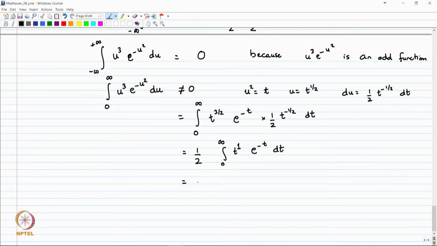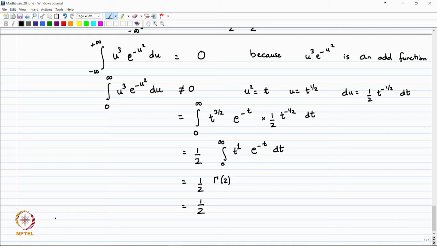This is half gamma function of 2, and gamma function of 2 is just 1 factorial, which is 1. So, this gives half. Okay. So, through this gamma function we efficiently evaluated these kind of integrals.